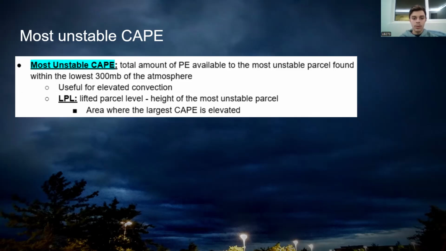It's the most unstable parcel within the lowest 300 millibars of the atmosphere, which is why it's called that. It can be useful for elevated convection, but other times it can overestimate. The LPL is the lifted parcel level. It's the height where this most unstable parcel is, and it's the area where the largest CAPE is elevated.